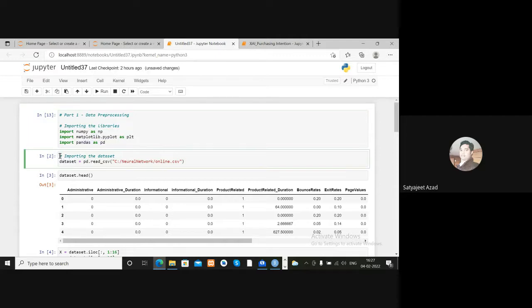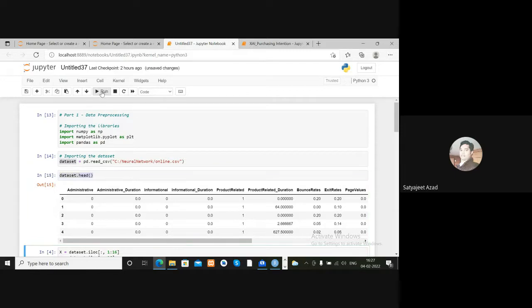Now I'm importing my data set. When I run it, I'll import this data set. My data set is in the neural network folder in this C drive, and I have saved it with the name online.csv, and I have stored it into dataset. This is an object, basically. Now I will run dataset.head.